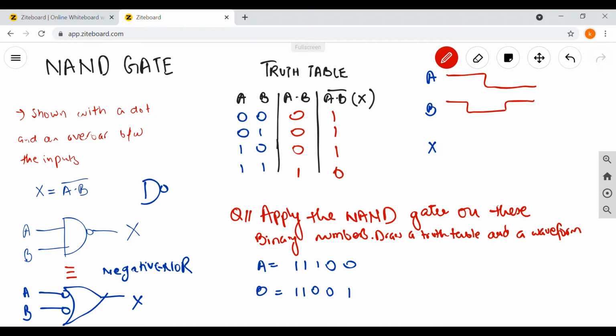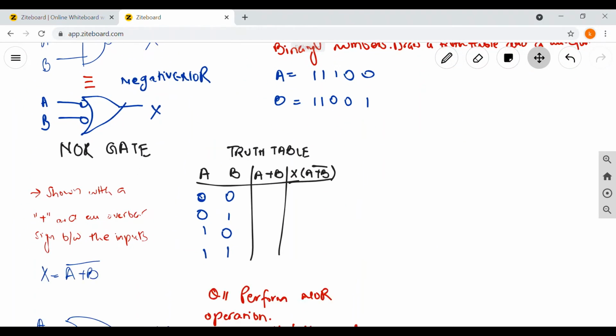Right, so we'll get 1 1, which is a 0, as we're multiplying and then inverting afterwards. 1 1 is the same as this. 1 and 0, we're gonna get a 1. 0 and 0 will get a 1. 0 and 1 is gonna be a 1. Like this. Right, so let's move on to the next gate, which is the NOR gate.